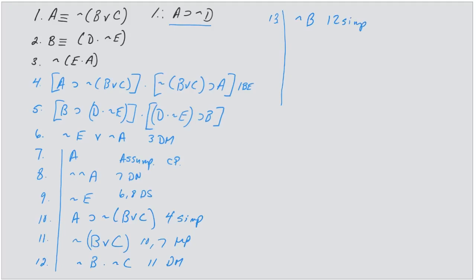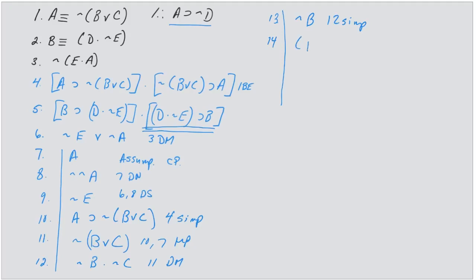And now that I have the not B, I'm looking at line 5, and I say D and not E, therefore B. So in this case, I'm going to do the second half because I can see I got that modus tollens move, right? So if I look at line 5, this seems the side that's going to make more sense for me to use. I don't have B by itself, but I do have the not B, which allows me to do that modus tollens move.